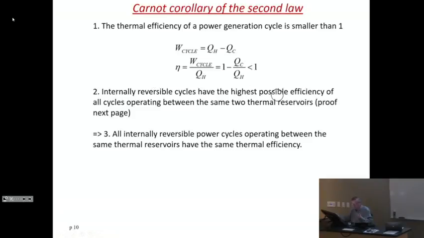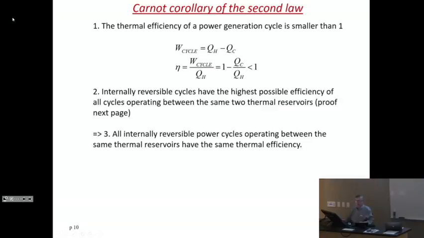There's only one such highest possible efficiency. So that means that all internally reversible power cycles operating between the same thermal reservoirs must have the same thermal efficiency, which is the highest one possible. But of course, it's unique.